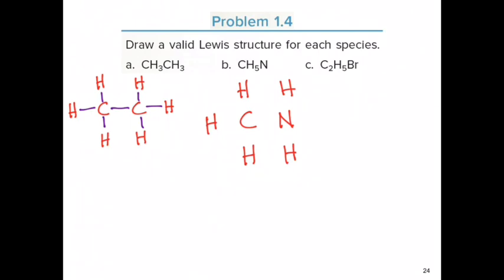And then we know that carbon has to form a total of 4 bonds, so we can go ahead and draw a single bond to each hydrogen atom, because we know that hydrogens can only form a single bond. So we'll do the same thing for this hydrogen right here and this 5th hydrogen. And then carbon will form a single bond with the nitrogen.